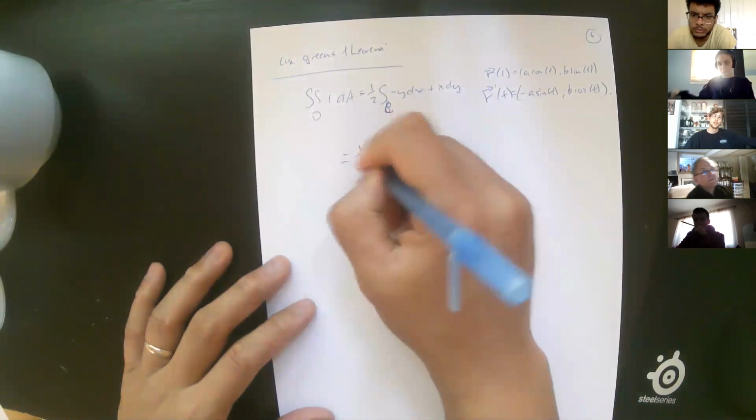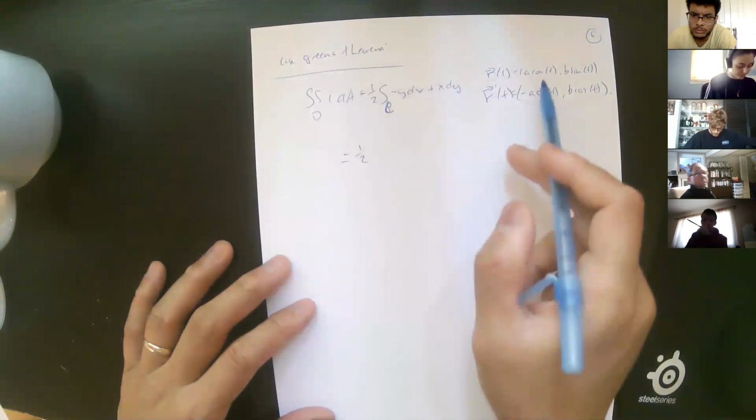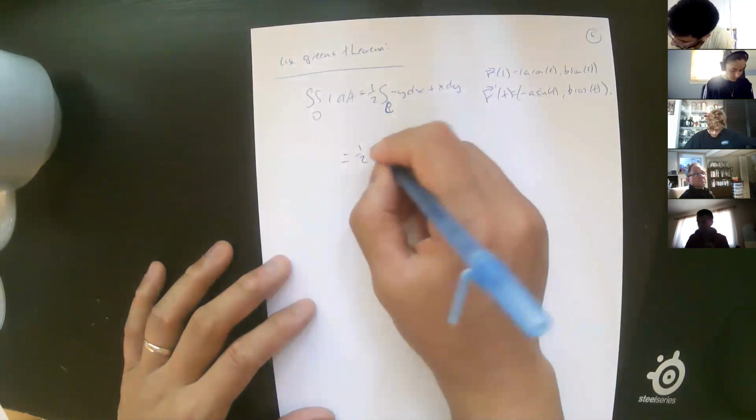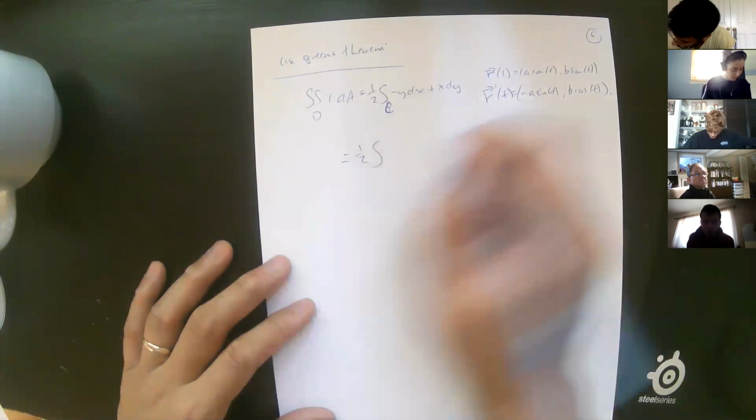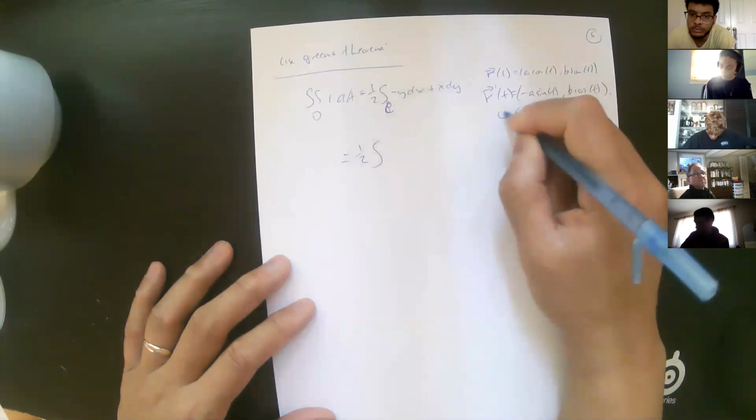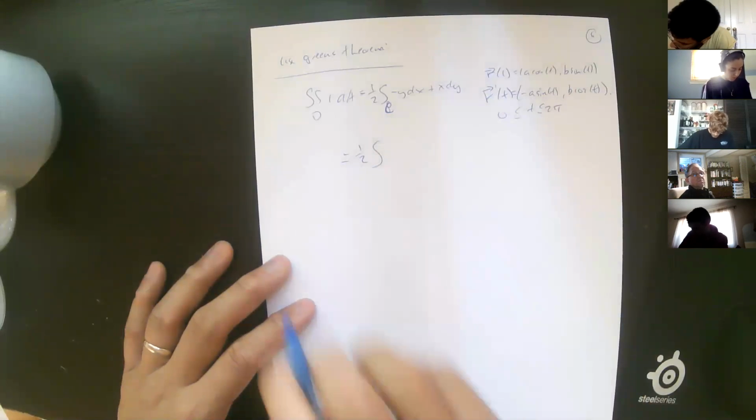It's 1/2. I put these in for x's and y's. t goes from 0 to 2 pi.